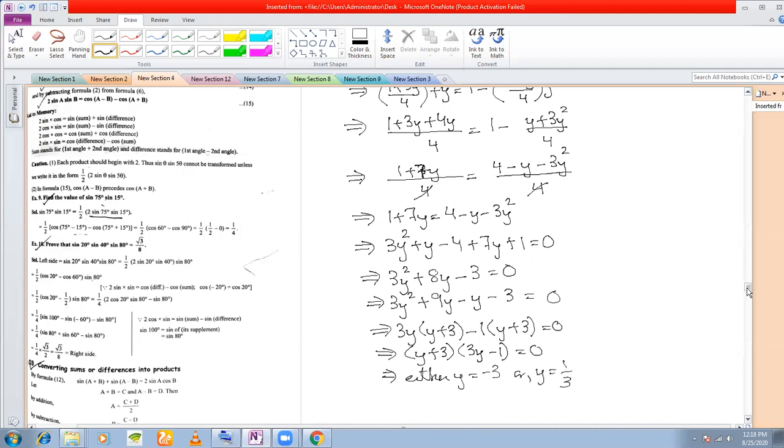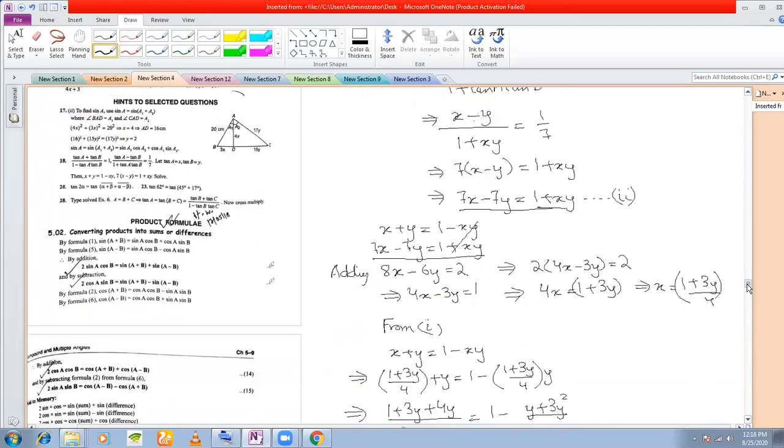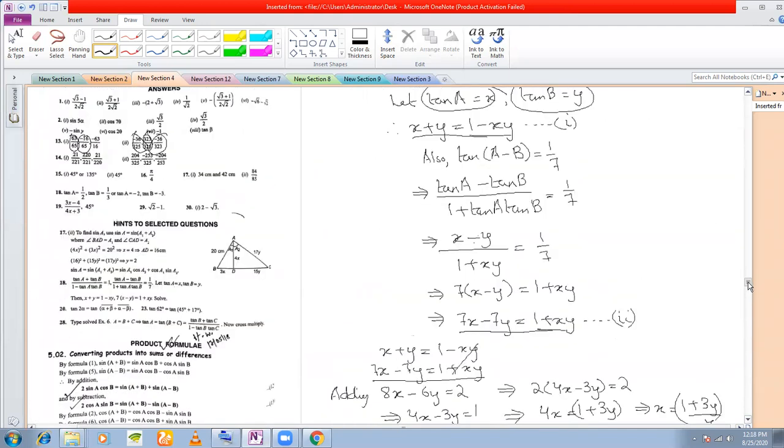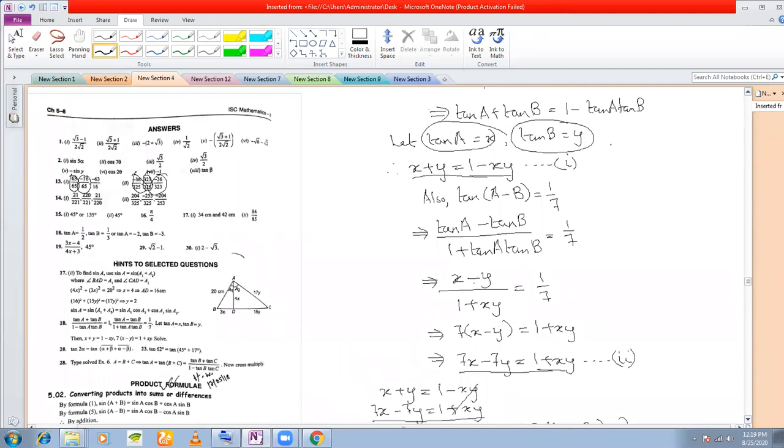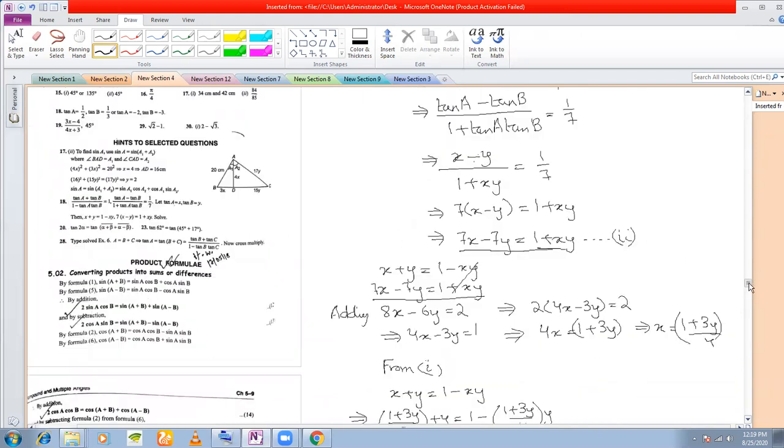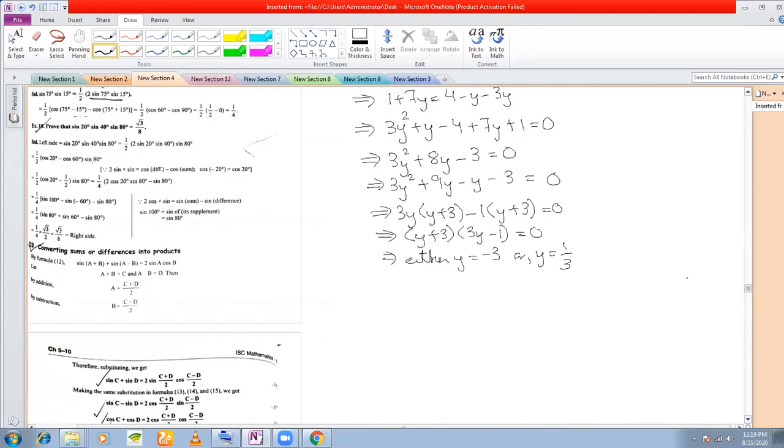Now what was y we had taken? Yes, we had taken y to be tan b. So that means either tan b is equal to minus 3 or tan b is equal to 1/3.